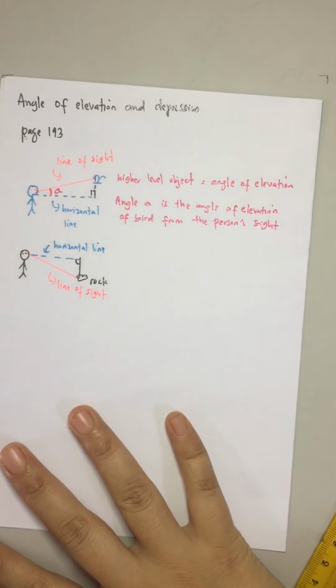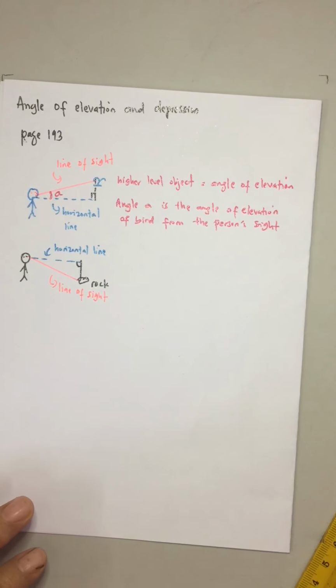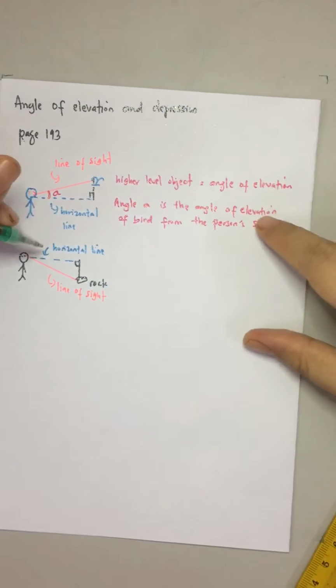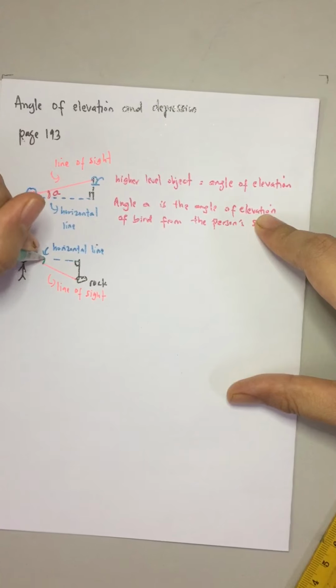So where is the location of the angle of depression? It is always between the line of sight and the horizontal line. So the angle of depression is here, between the horizontal line and the line of sight.